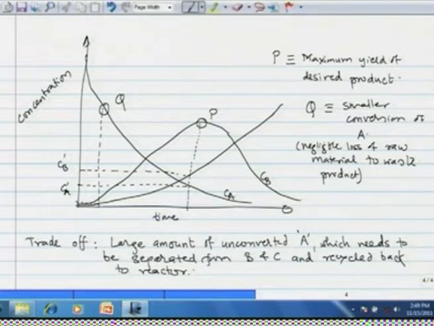This means that the recycle cost is high, corresponds to high recycle cost.